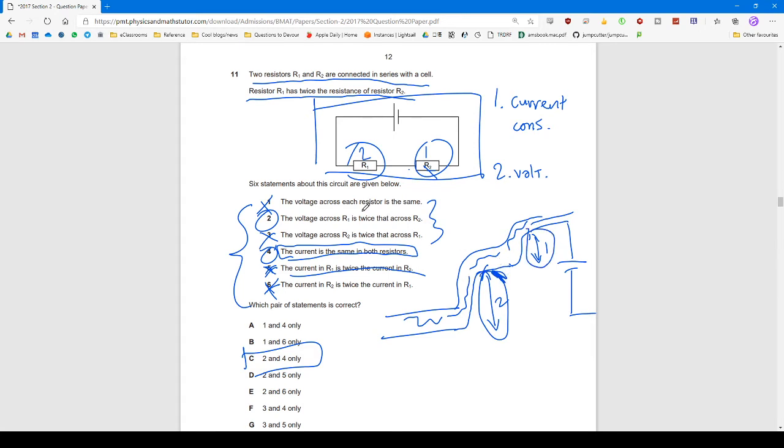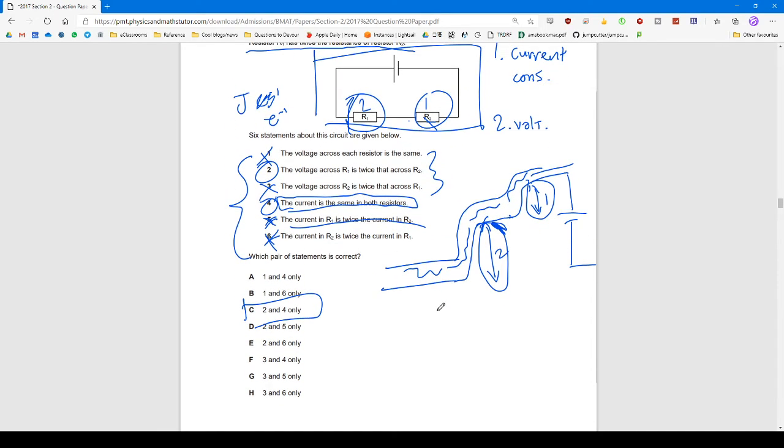Because you remember, potential difference is a unit of joules per unit charge, or joules per electron is also a possible unit of potential difference. So if you think about it as the energy required of each electron to go up this 2 meter hill / 2 ohm resistor versus this 1 meter hill / 1 ohm resistor, then it'll take twice as much energy, twice as much potential difference.